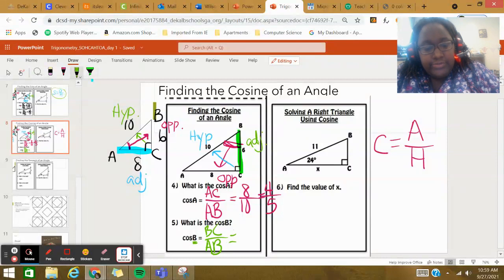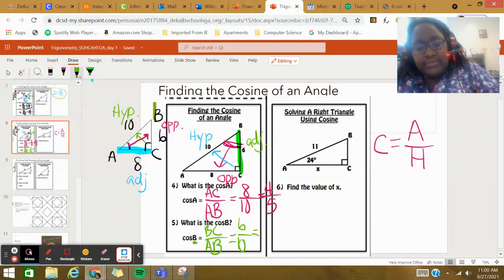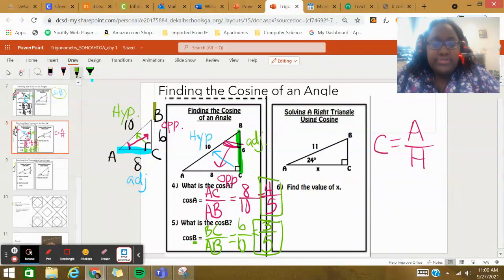So now plugging in numerical values, BC is 6 and AB is 10. And again, please always simplify your fractions. So 6 over 10 is going to simplify to be 3 over 5. Okay, so that's my answer for finding the cosine of an angle.